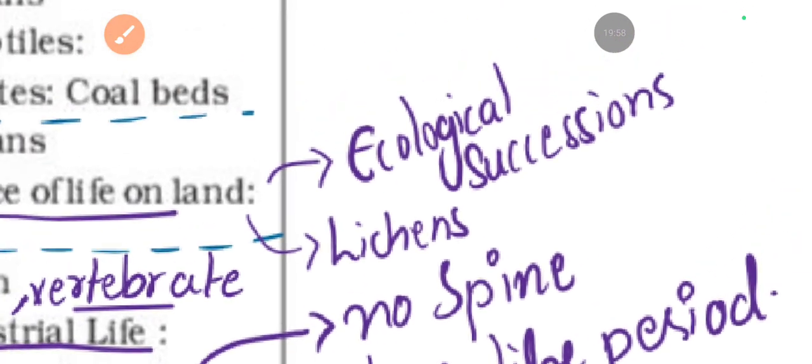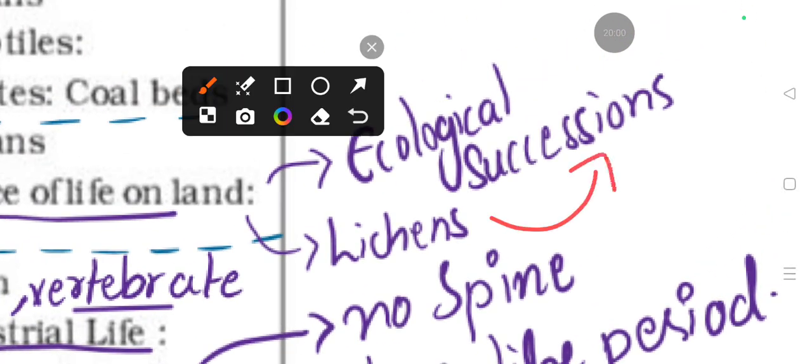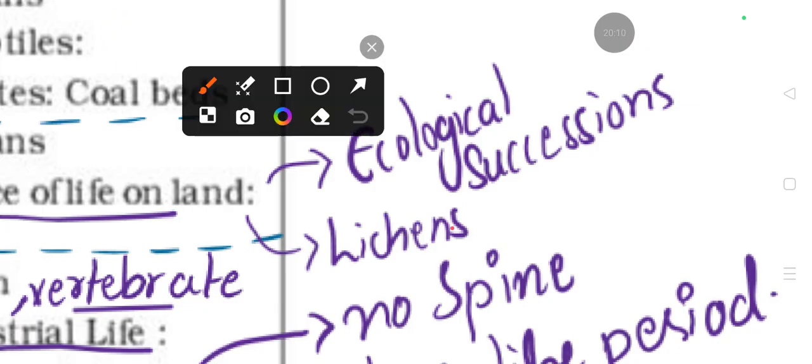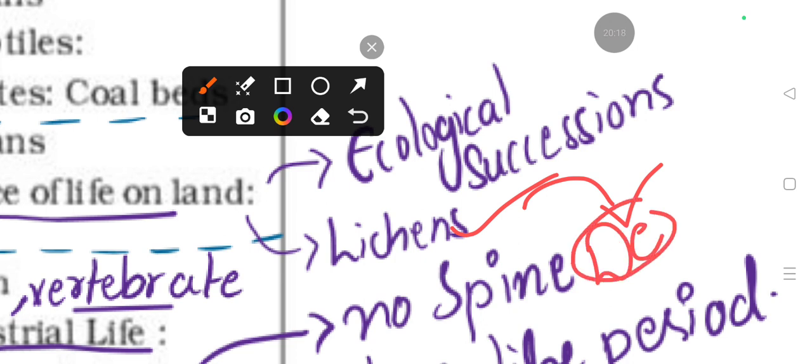With time, ecological succession takes place. As organisms are born, they will die at some point. As lichens are born, they live for a period of time and then die. After they die, decomposition takes place, and they release a lot of chemicals.